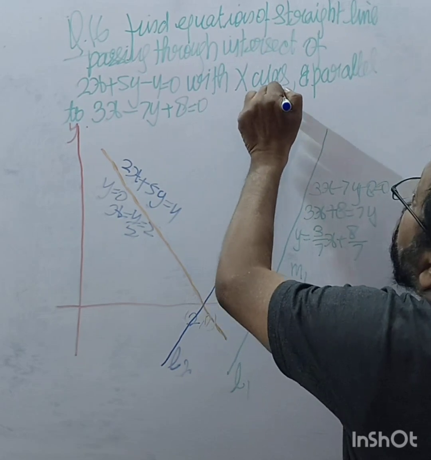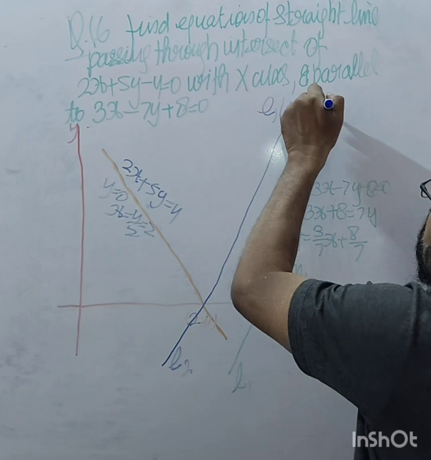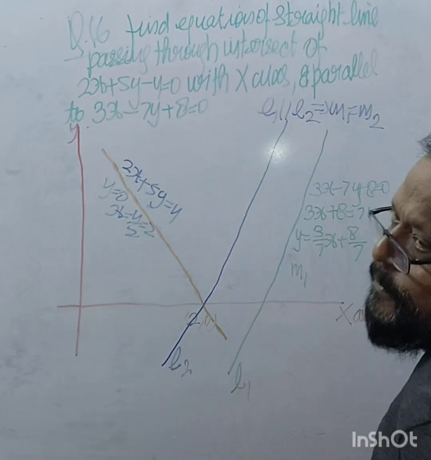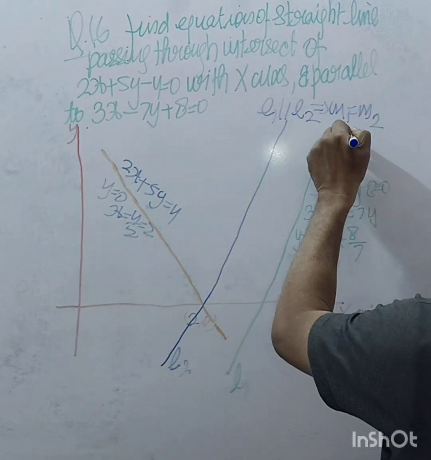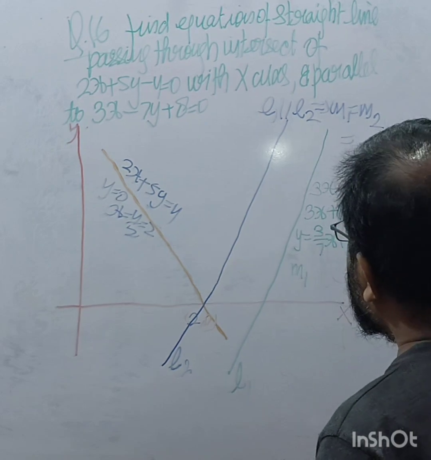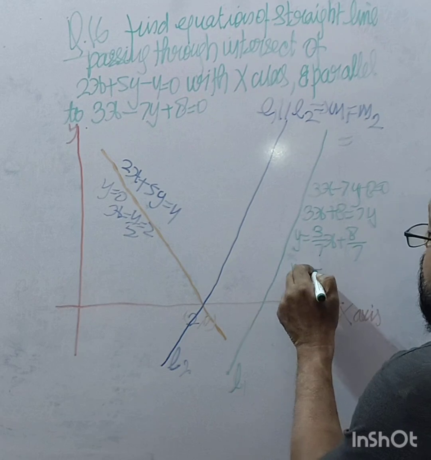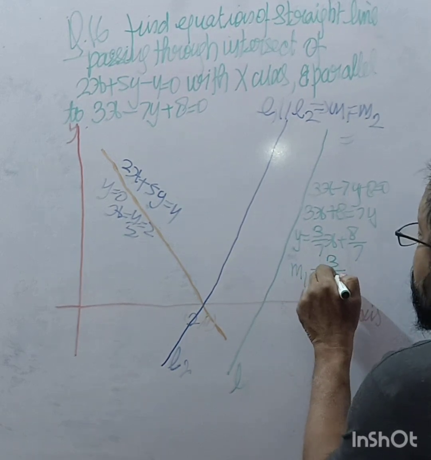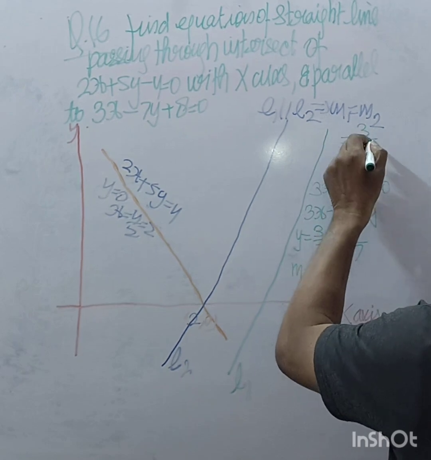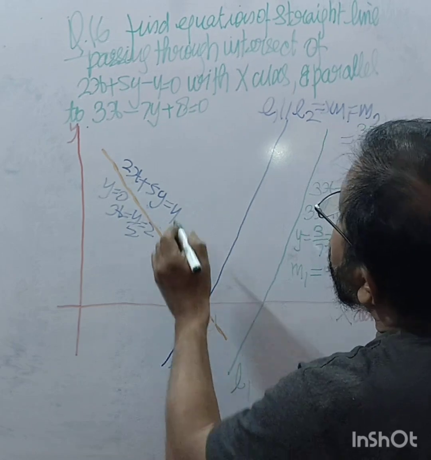Line 1 is parallel to line 2. Therefore, m1 is equal to m2, right? So m1 is 3/7, so m2 is equal to 3/7.